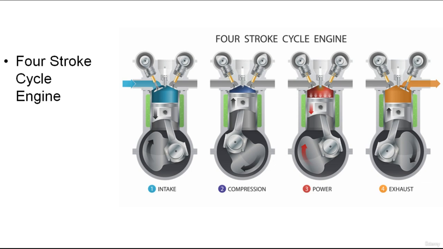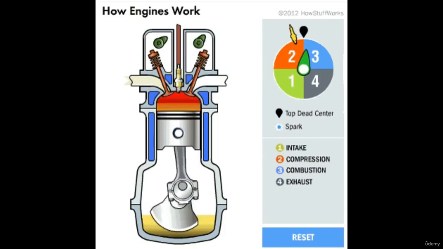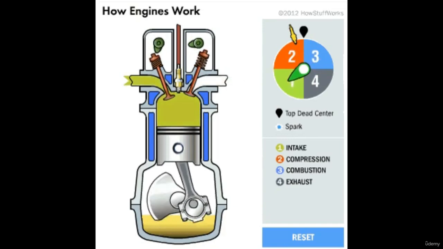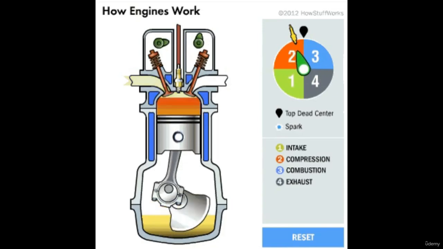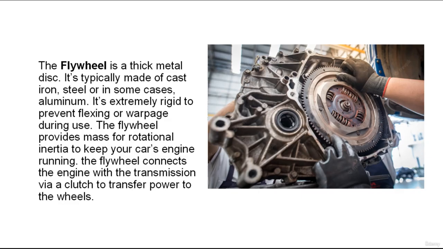It takes two full revolutions of the crankshaft to complete the four-stroke cycle. One full revolution of the crankshaft is equal to 360 degrees of rotation, and therefore it takes 720 degrees to complete the four-stroke cycle. During one piston stroke, the crankshaft rotates 180 degrees.